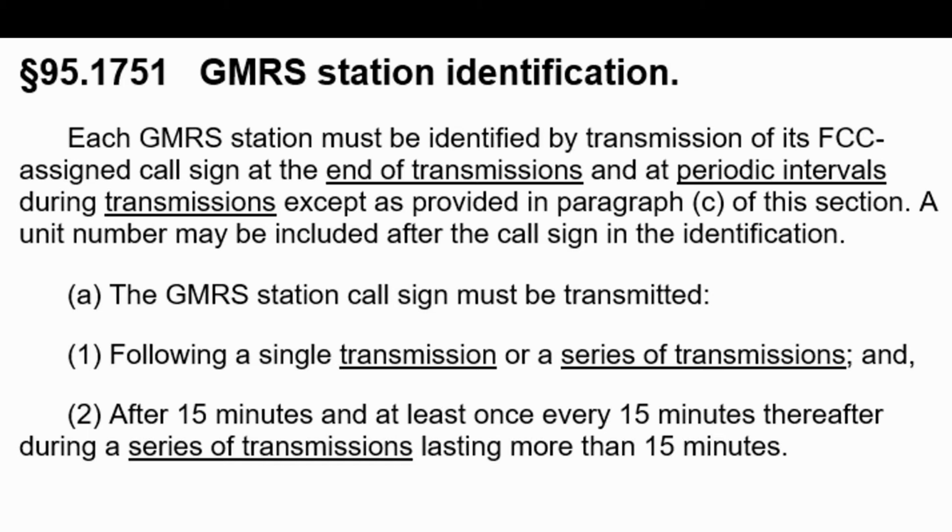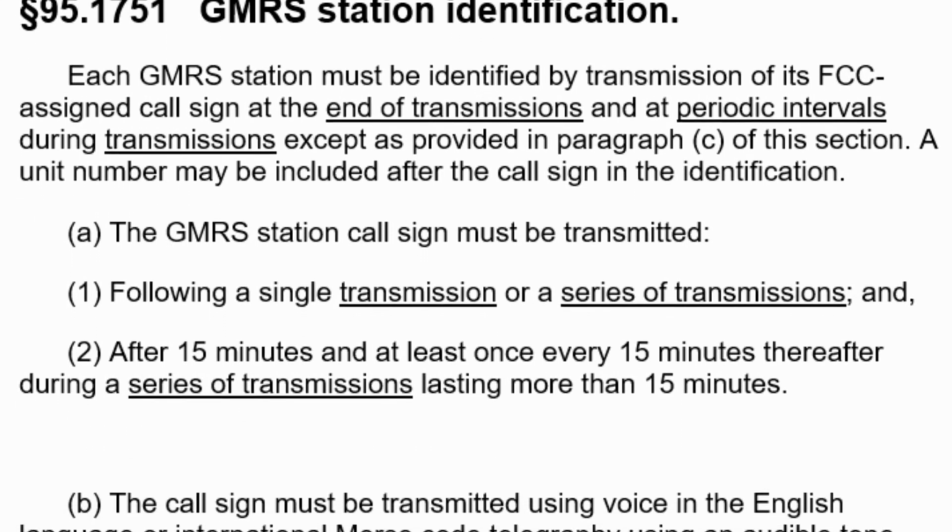And that means when you're done transmitting completely, and at periodic intervals during transmissions, except as provided in paragraph C of this section. A unit number may be included after the call sign in the identification.